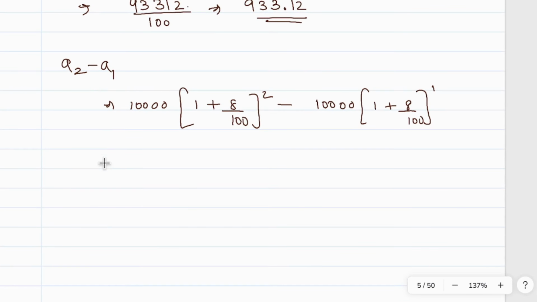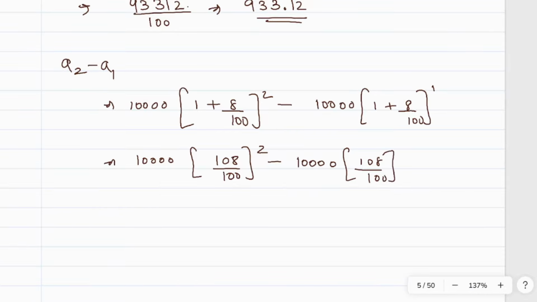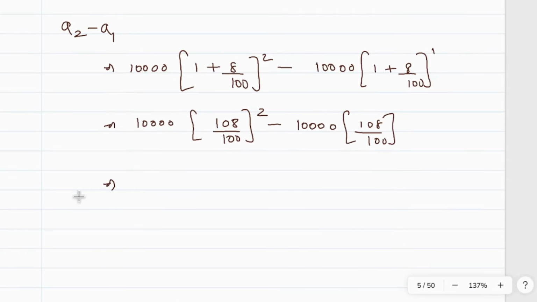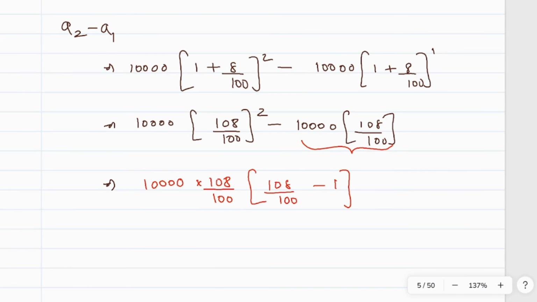From here again I can write 10,000 into (108 divided by 100), the whole square, minus 10,000 into 108 by 100. Clear? Here also we can take 10,000 into 108 by 100 as common outside. What is left over is 108 by 100 minus 1.